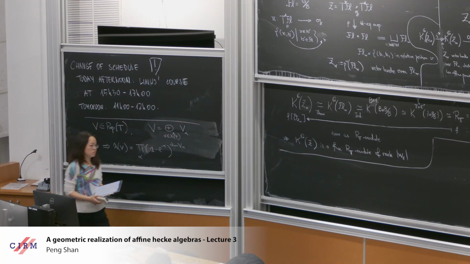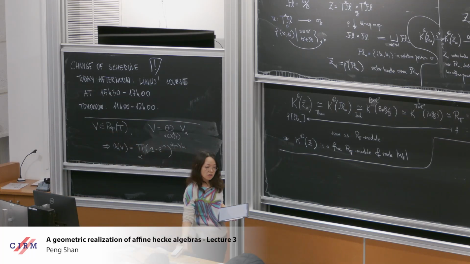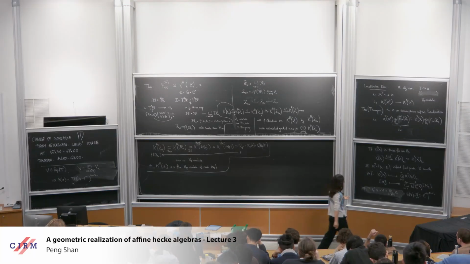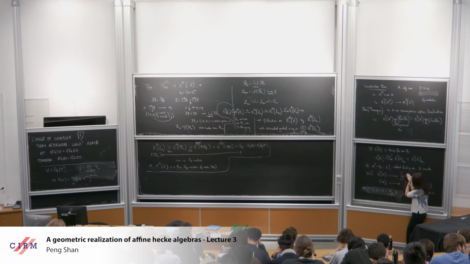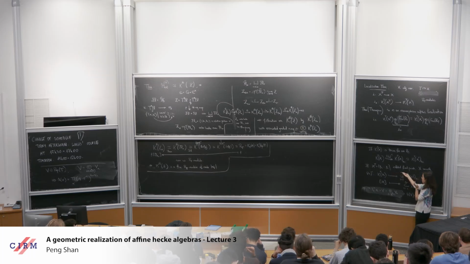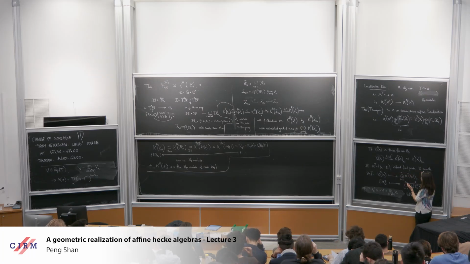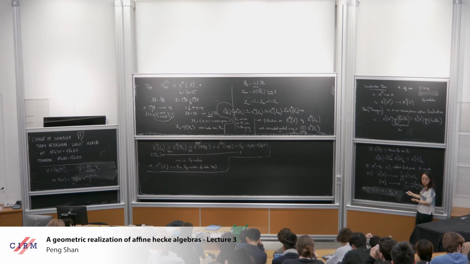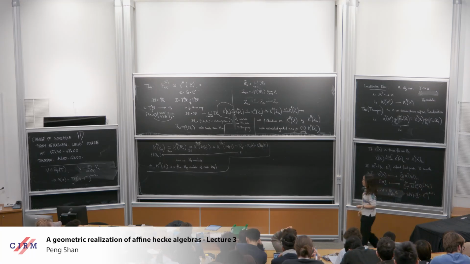This is something we'll use later on. So the point here is just to show you that in the situation where your variety has isolated fixed points and it's smooth, this map can be computed quite explicitly. It only requires the knowledge of the weights on the tangent space or cotangent space at these points.